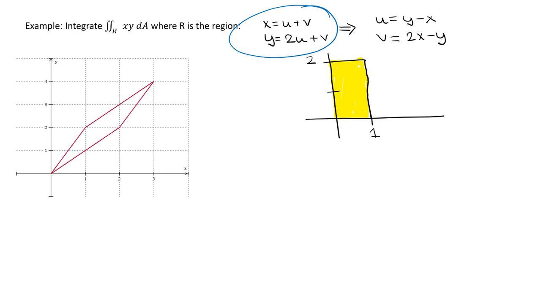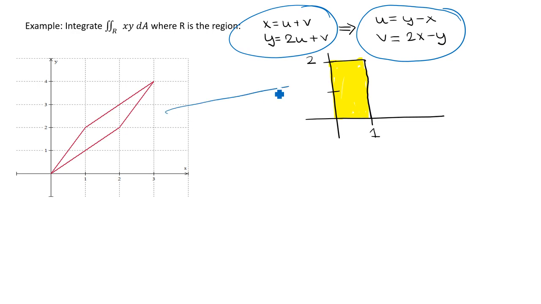So if you go back to earlier in this video, when we solved this transformation for u and v, this is what we got. This was one of my first examples. So if x is u plus v, y is 2u plus v, then u would be y minus x, and v would equal 2x minus y.